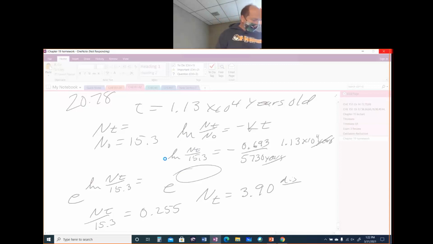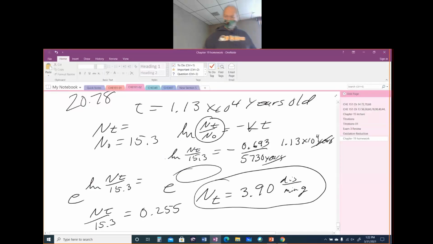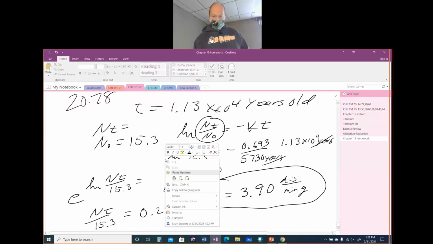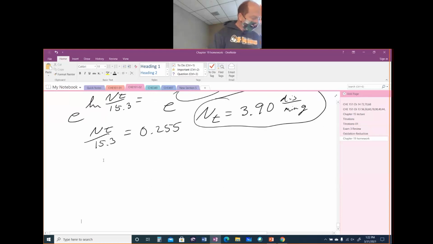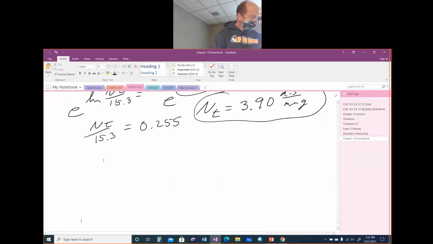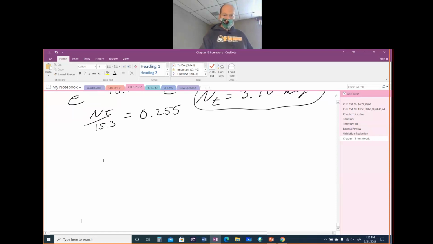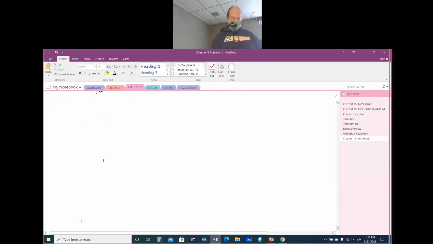All right, so now we get into mass energy problems, which I believe are the harder problems in chapter 20. Let's do 20.8. 20.8 is not a nuclear reaction. That is just a chemical reaction.